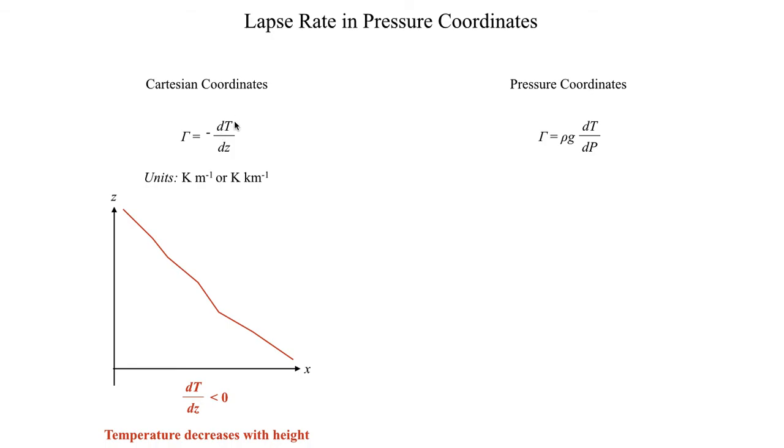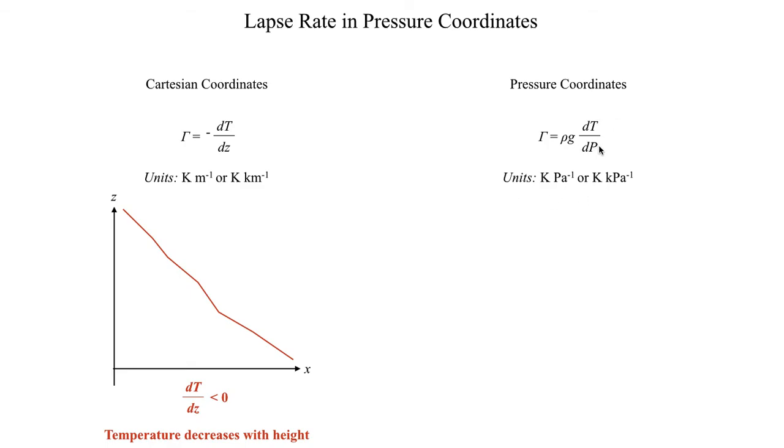Over here, where we had temperature in the numerator and height in the denominator, our units were kelvins per meter or kelvins per kilometer. But since we have temperature in the numerator and pressure in the denominator, the units for this term would be kelvins per pascal or kelvins per kilopascal.